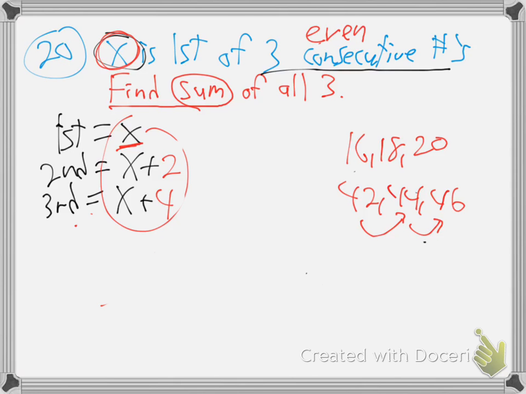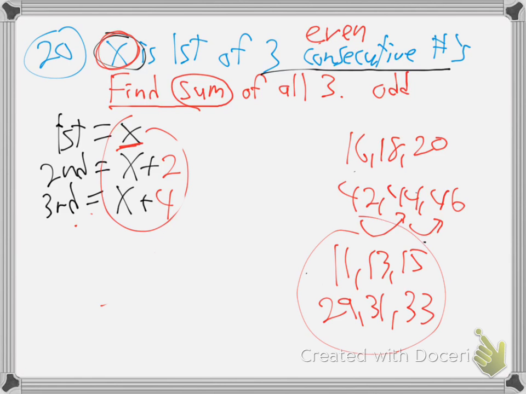Now, hold on. What if they had said odd? Because I think you mentioned yours says odd. We do like the first time. Think about odd numbers, like 11, 13, 15, or 29, 31, 33.